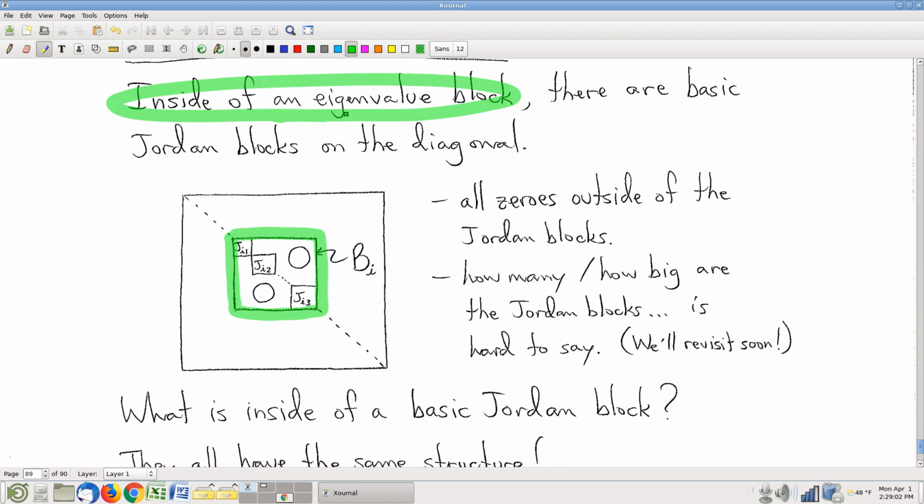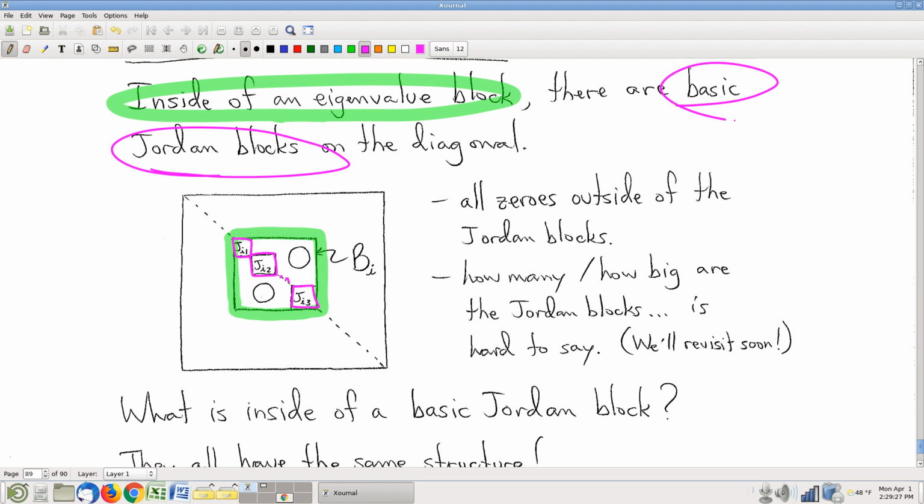What is there inside of an eigenvalue block? Well, more blocks, also on the diagonal. These are called basic Jordan blocks. So blocks inside of blocks, which is a kind of strange arrangement, but that's how it is.